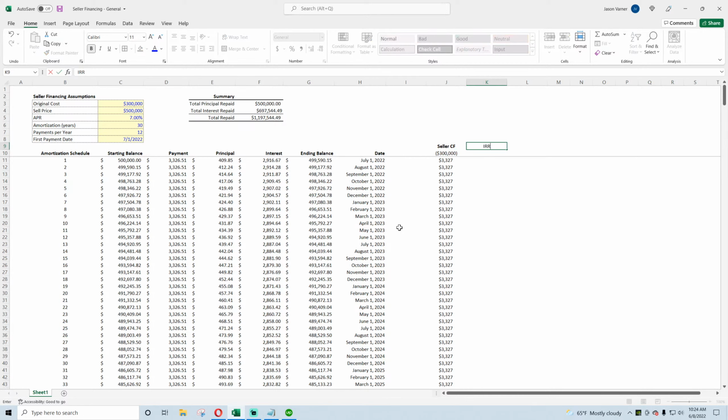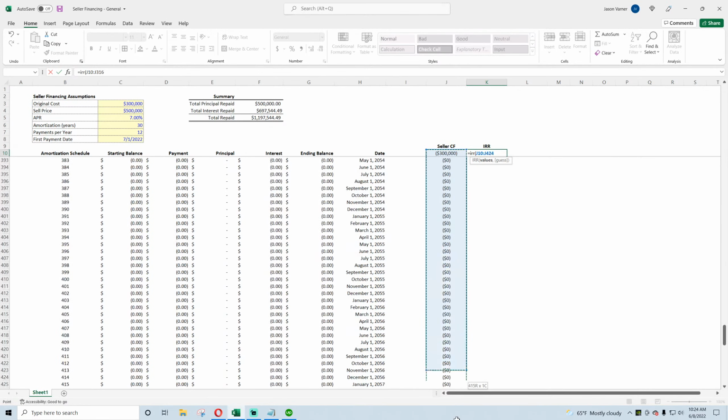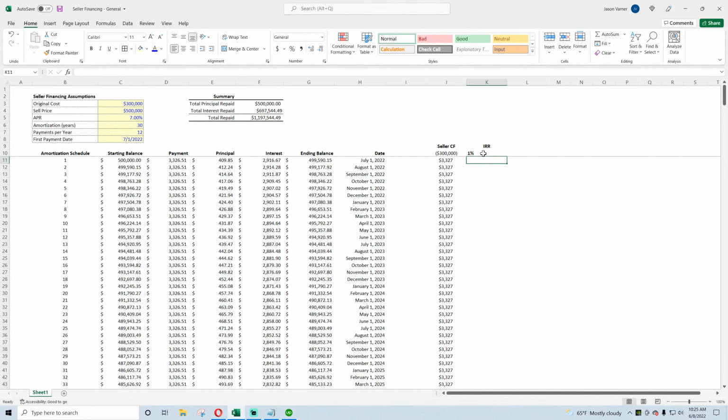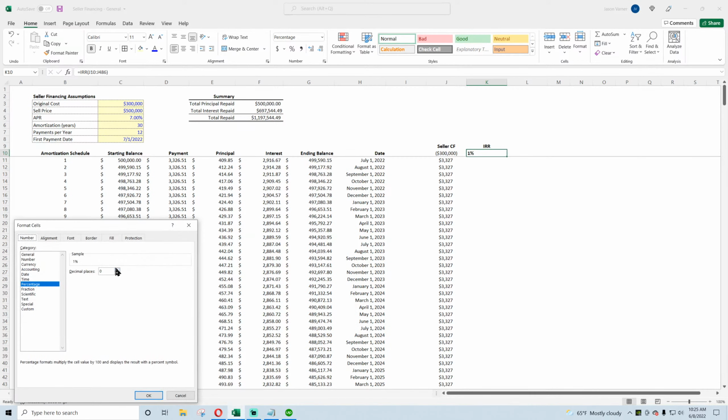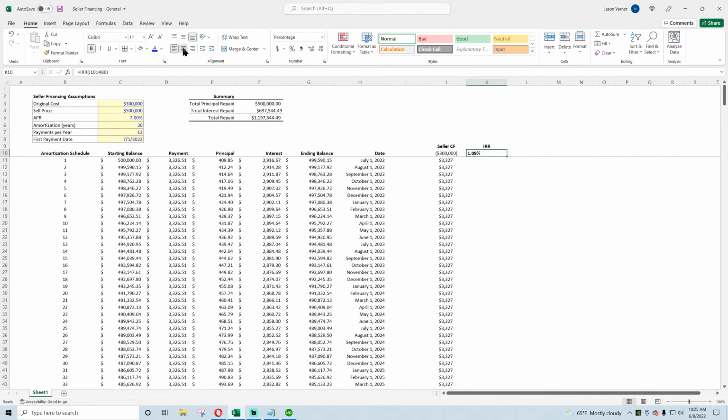So the IRR monthly is this. And then you can convert the monthly internal rate of return as a compounded value to annual with a little bit of math.